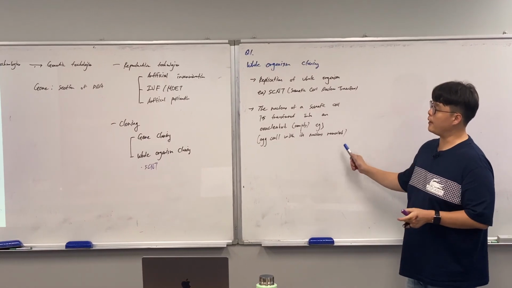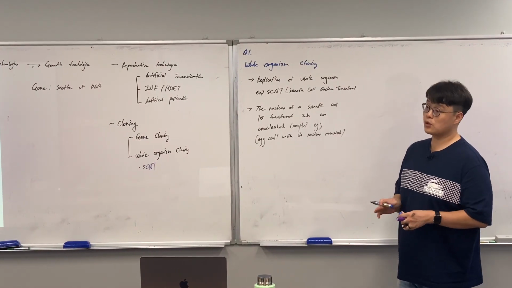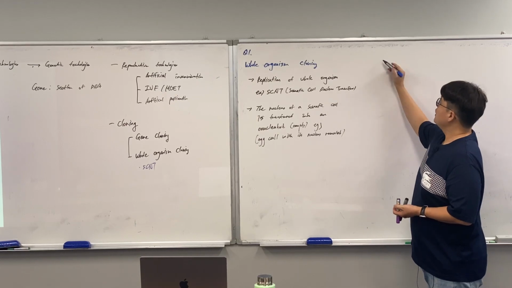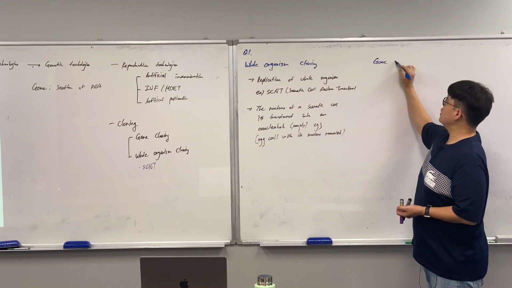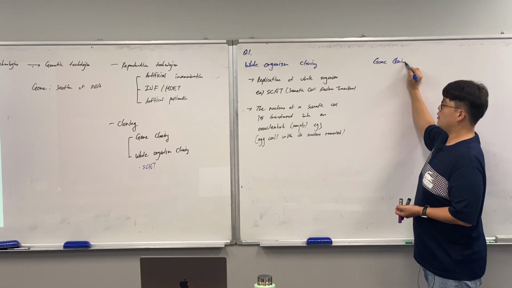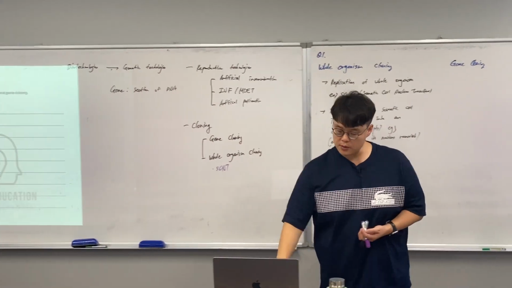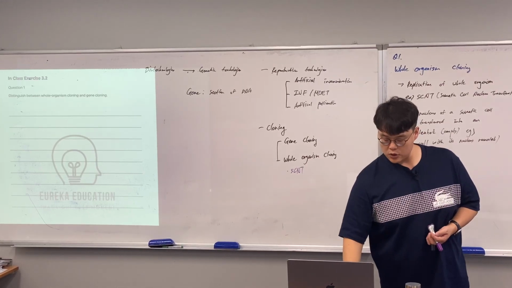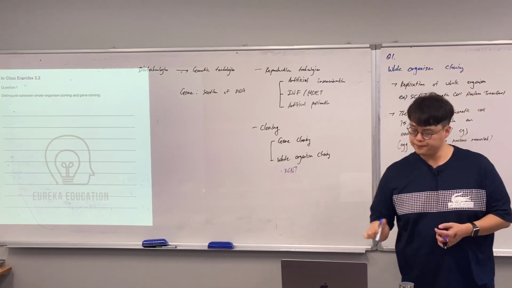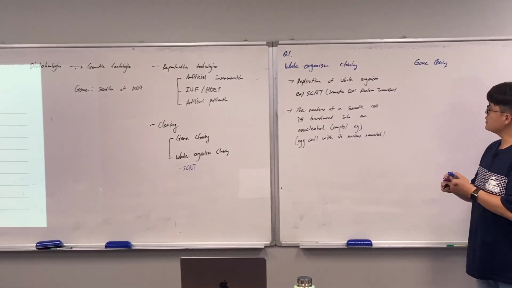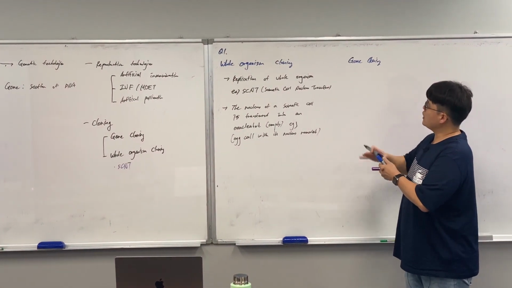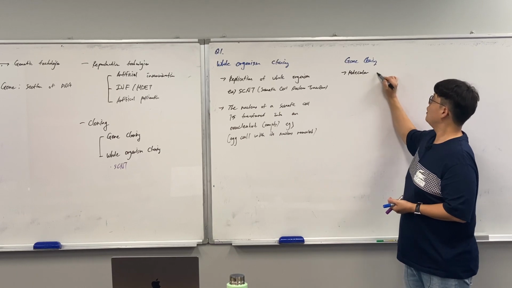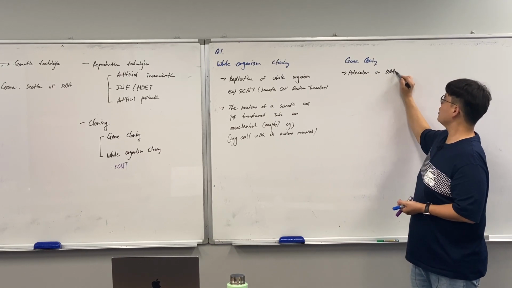And we're going to talk about the steps of whole organism cloning after question 3. Gene cloning is somewhat different to whole organism cloning. We're not copying and pasting the whole organism. Gene cloning is also known as molecular cloning, or DNA cloning too.